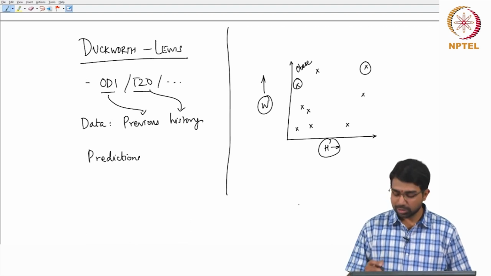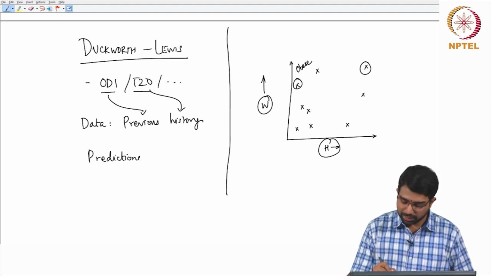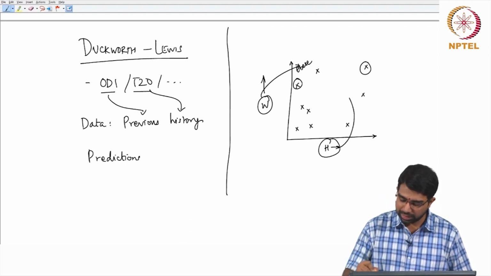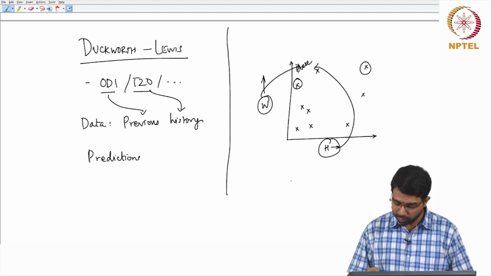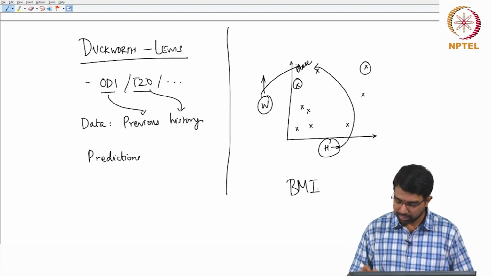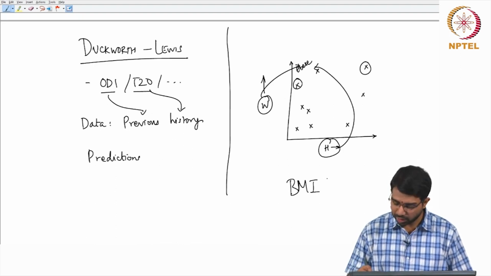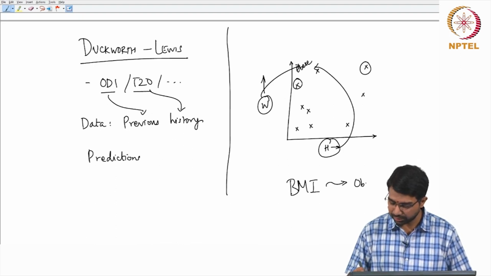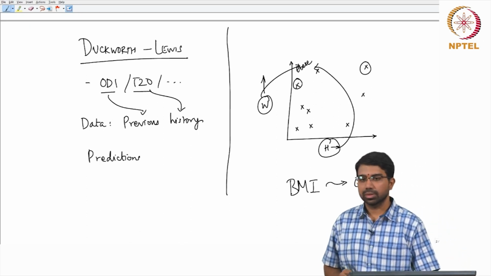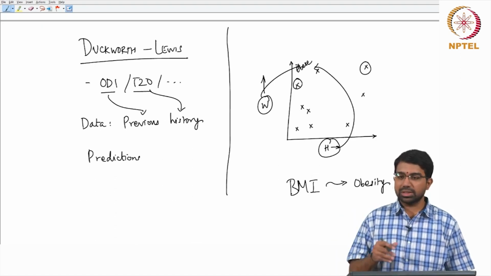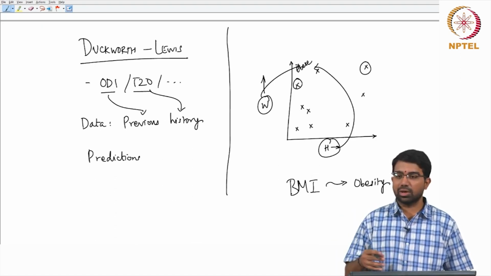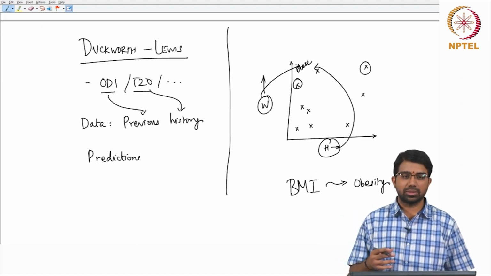So, you can't just correlate plain weight to obesity or plain height to obesity. Maybe if you compute a better thing like body mass index, right, you may have a better correlation with obesity, right. So, in many cases you may just have correlations without an understanding of any of the mechanisms, right.